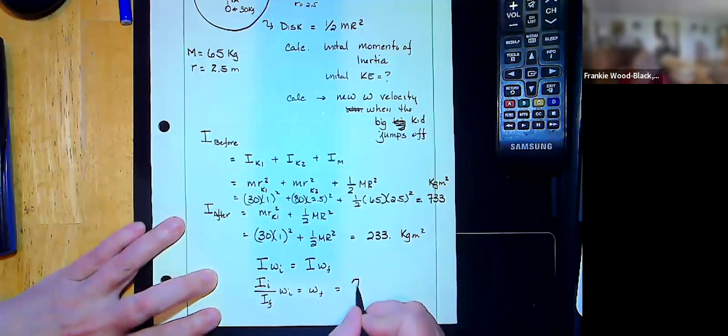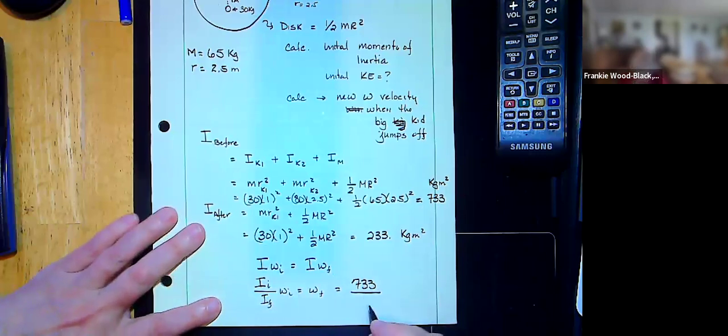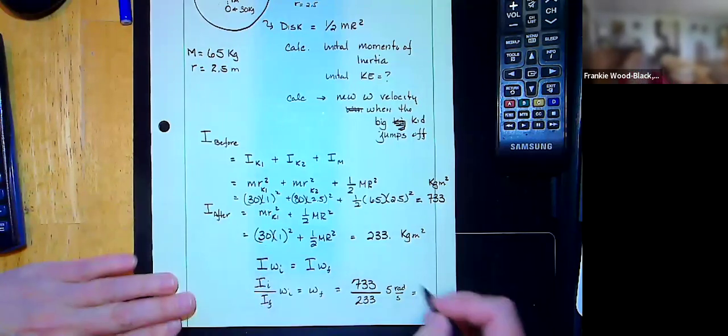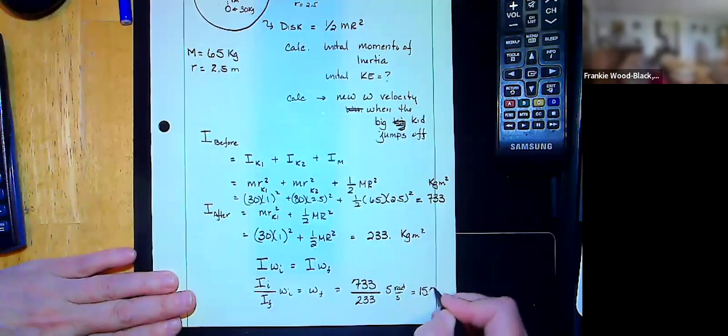I initial was 733, divided by my final, which is 233, and we started out at 5 radians per second. And now we're going to be going at 15.7 radians per second.